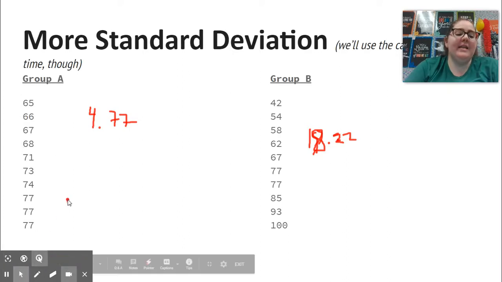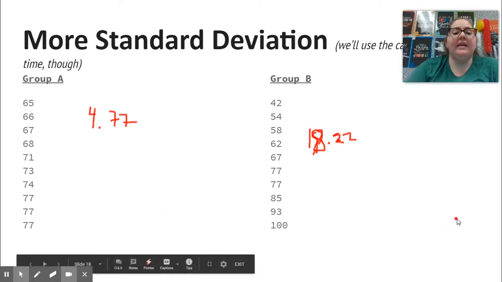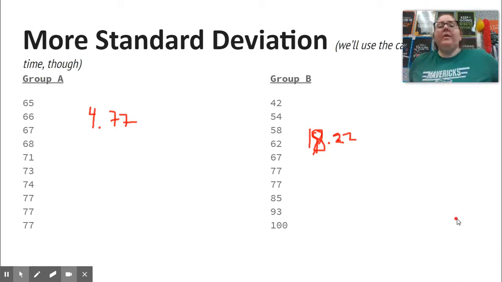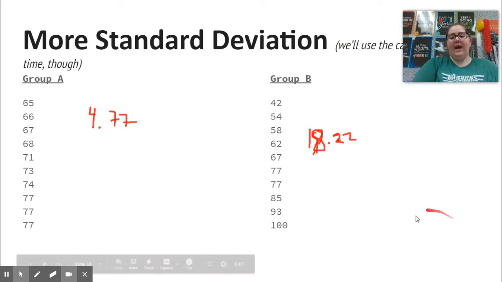And we can kind of see that just by the fact that the data values in group B are more spread out. The standard deviation is not necessarily how far apart the values are from each other. It's about how far apart the values are from the mean on average.